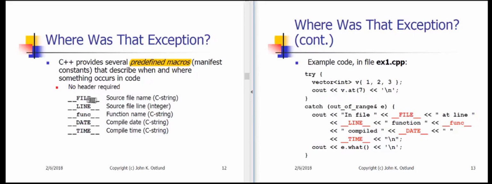All of these predefined macros have names that begin and end with double underscore. So for example, __FILE__ will be the name of the source code file containing this particular code. __LINE__ is the particular line number in the file.